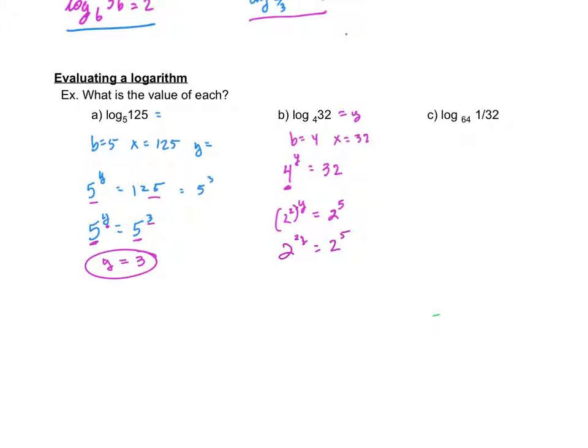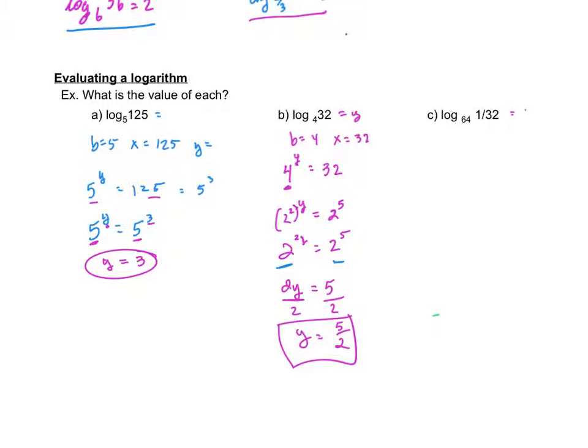So now I have like bases. I have base of 2, so I have 2y is going to be equal to 5, divide by 2, y is going to be equal to 5 halves.